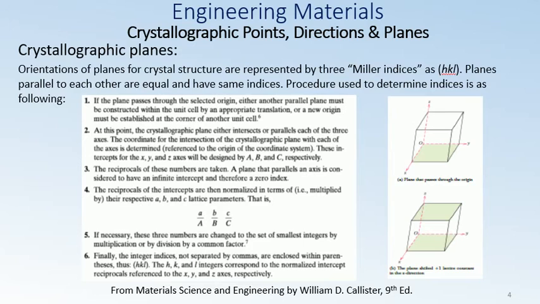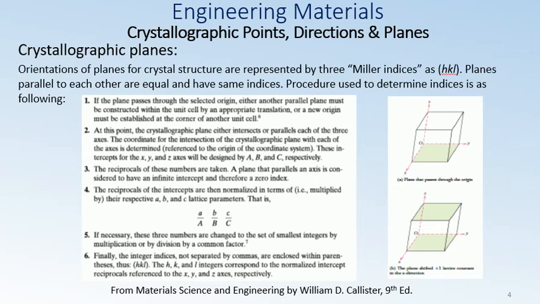For planes, however, when you have drawn these coordinates, you need to invert those coordinates and then reduce them to the lowest integer values and put these indices in parentheses, without any spacing, of course.